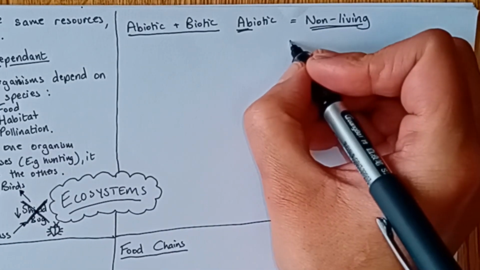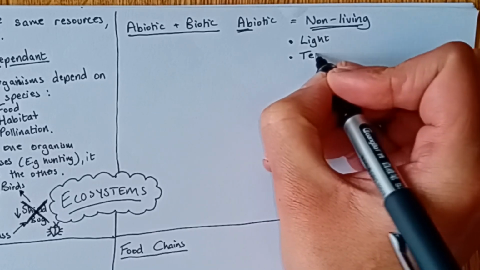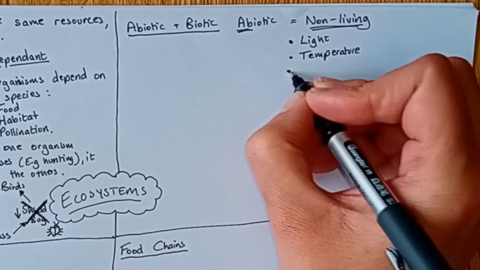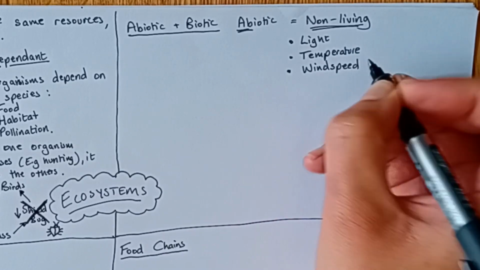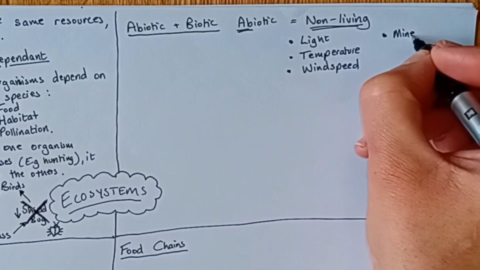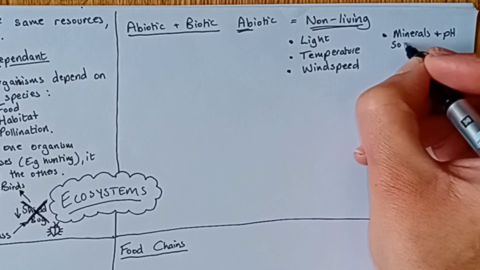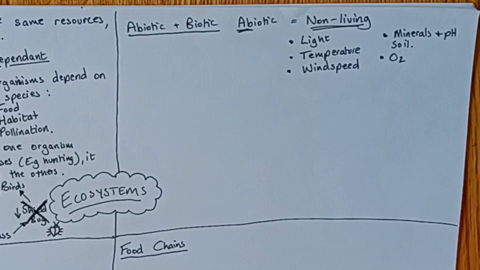So it's things like light intensity, temperature, wind speed, minerals and pH in the soil, oxygen concentration, particularly in water-based ecosystems.